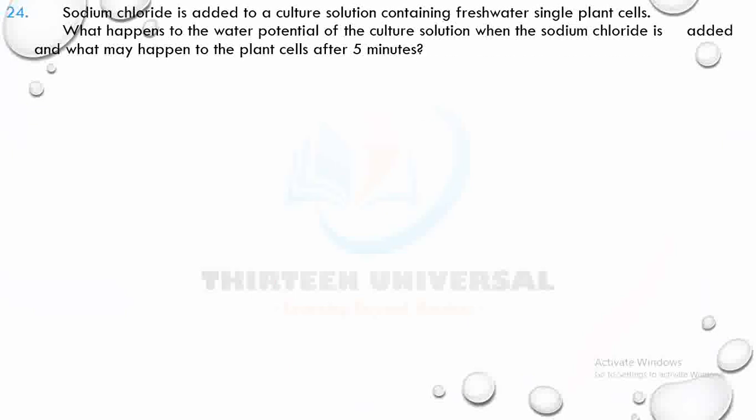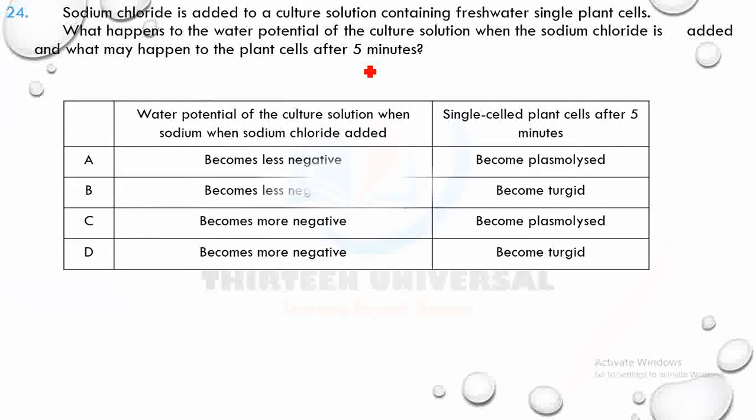Let's go. Sodium chloride is added to a culture solution containing fresh water and single plant cells. What happens to the water potential of the culture solution when the sodium chloride is added? And what may happen to the plant cell after 5 minutes?